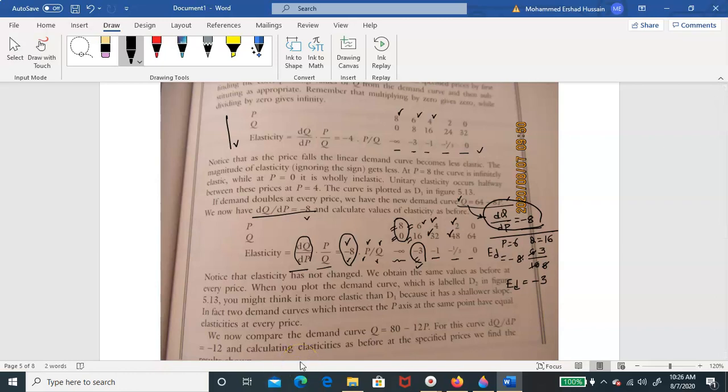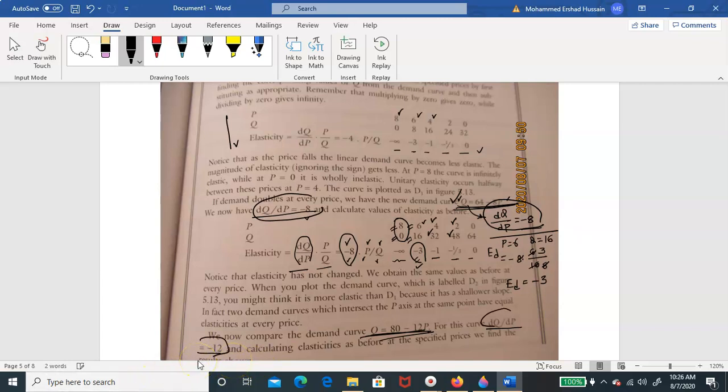Now we compare the demand curve. Now let us change the demand curve again. Look, from this demand curve, for this curve, differentiate this with P is -12, right? It was -8 here, but when the curve changes, this is our new value, right?